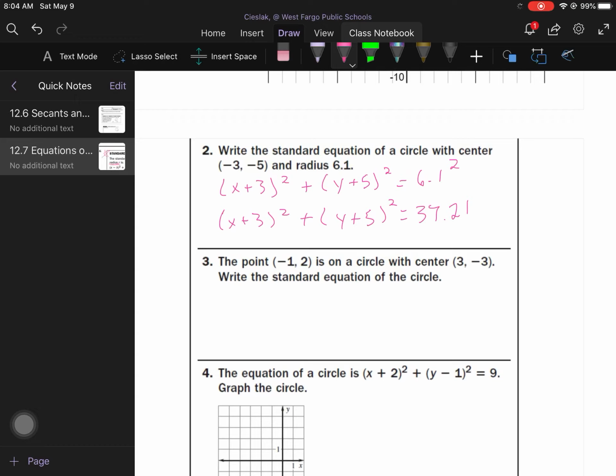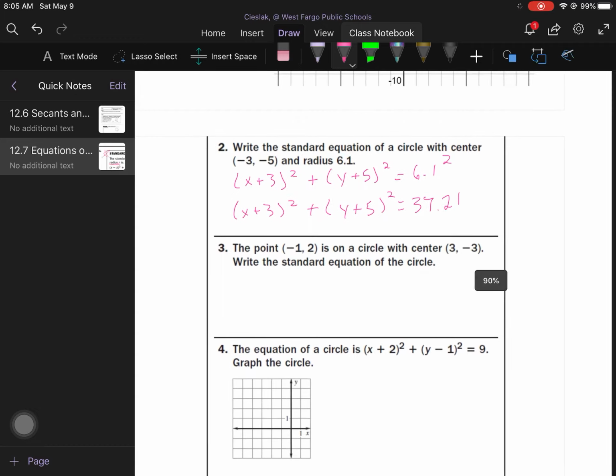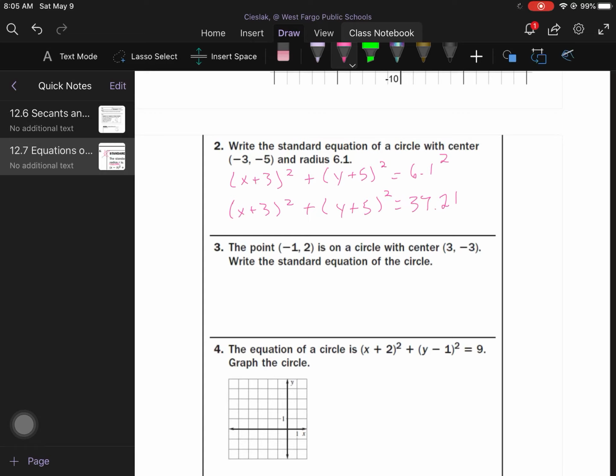Okay, this one, it says the point -1, 2 is on a circle with center of 3, -3. Write the standard equation of the circle. So my center, I'm going to go x minus 3 squared plus y plus 3 squared is going to be equal to, now on this one you got to be careful.